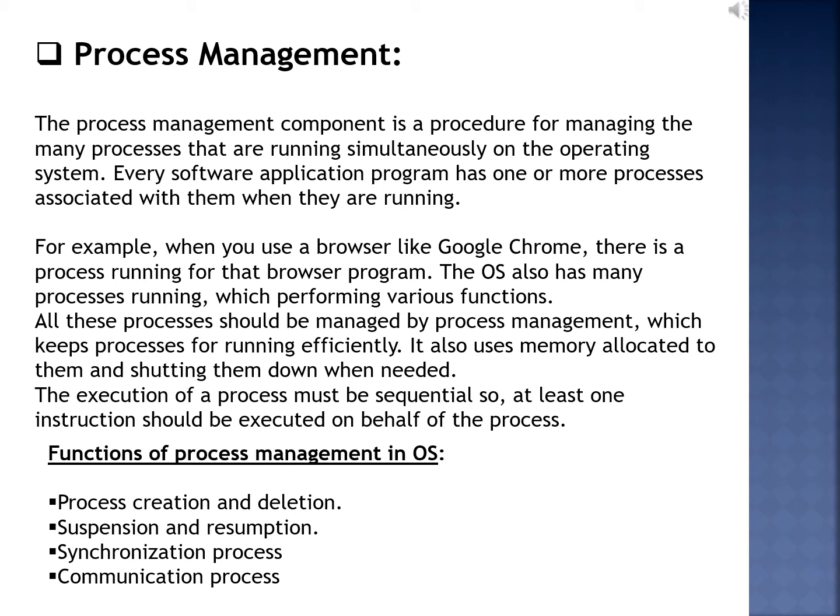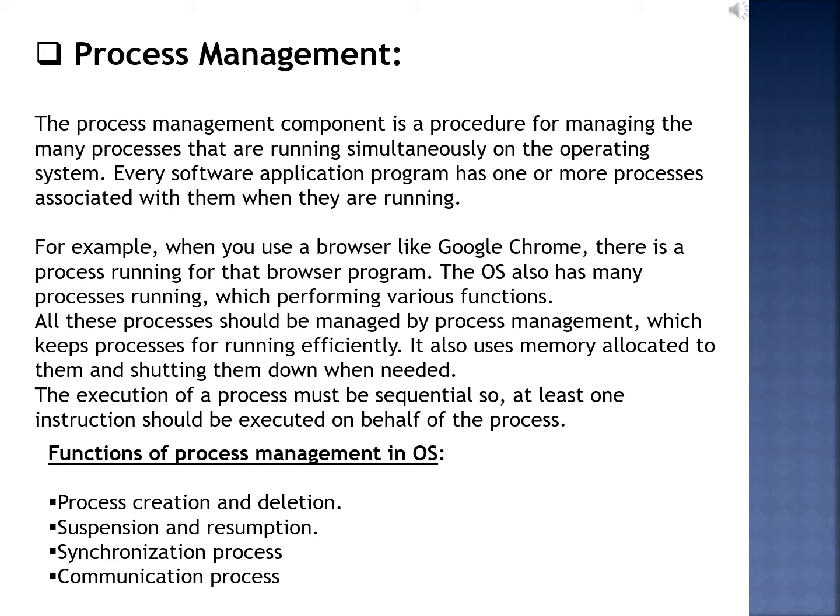And also, when you use a browser like Google Chrome, there is a process running for the browser program. The OS also has many processes running which perform various functions. All these processes should be managed by process management, which keeps processes running efficiently.